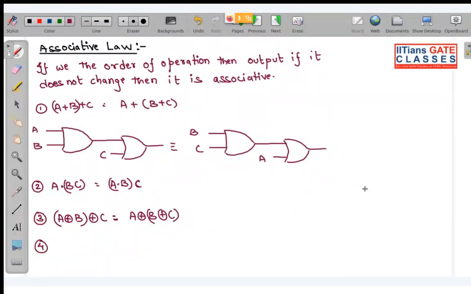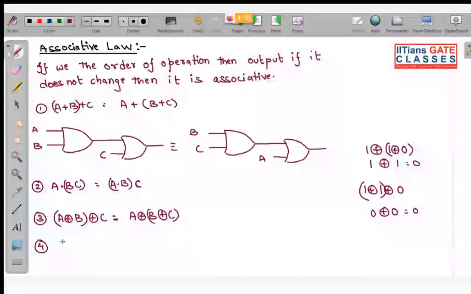Tell me. So 1 XOR 1 XOR 0. So if I perform it like this, so this will be what? This will be 0 XOR 0. So obviously this is 0. Now if I change the order, something like this. So this is what? 1 XOR 0. So this will be 1. So 1 XOR 1, again 0. You are getting the same thing.